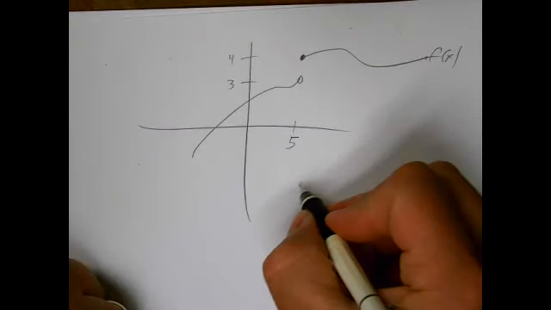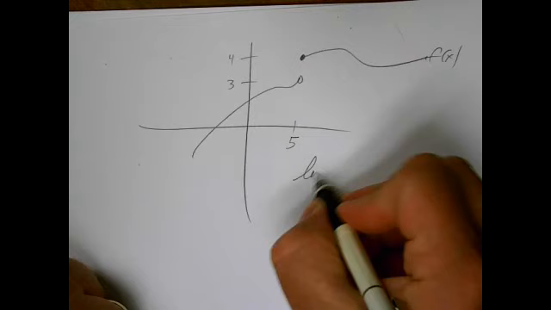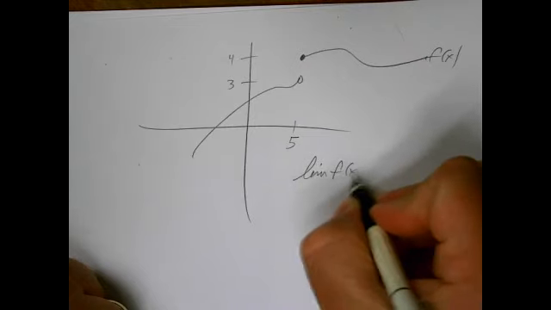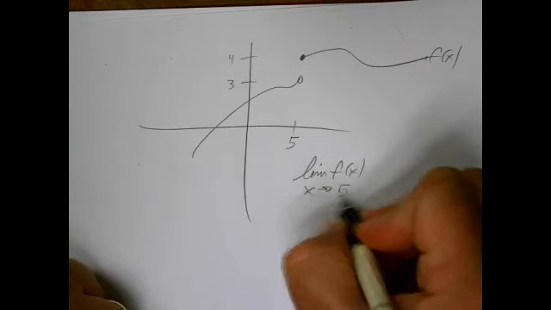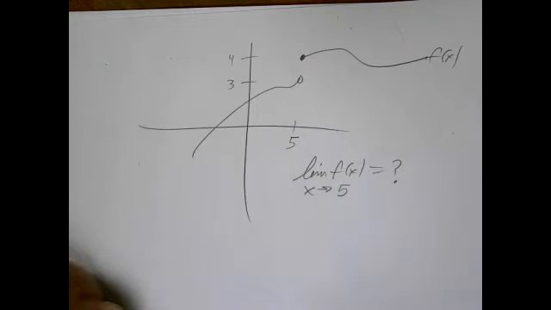Now, if you were to ask the question, what is the limit of this f of x as x approaches 5? If that was your question, here's what you have to consider.